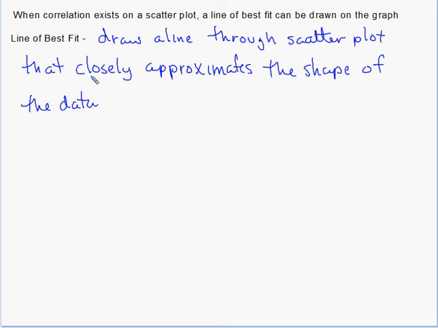Okay? You want your dots to be equally spaced as much as possible around the line.